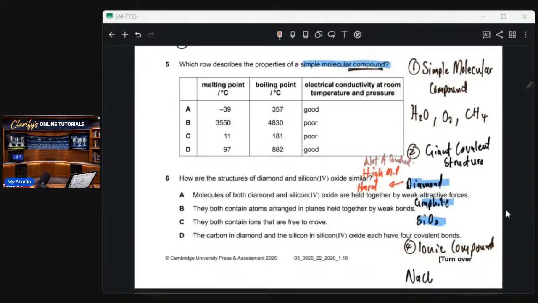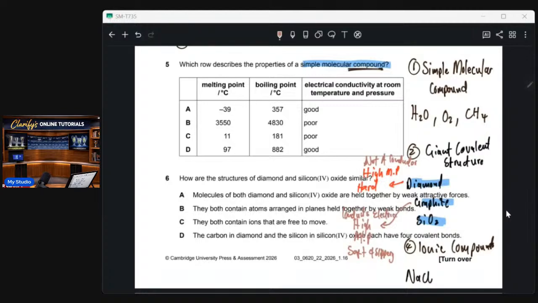Make sure you're seeing this. Graphite, on the other hand, has a high melting point as well, but we don't say it's hard. It's soft. Graphite has layers. It's soft and it's slippery. But the benefit of this one is it conducts electricity as a solid.